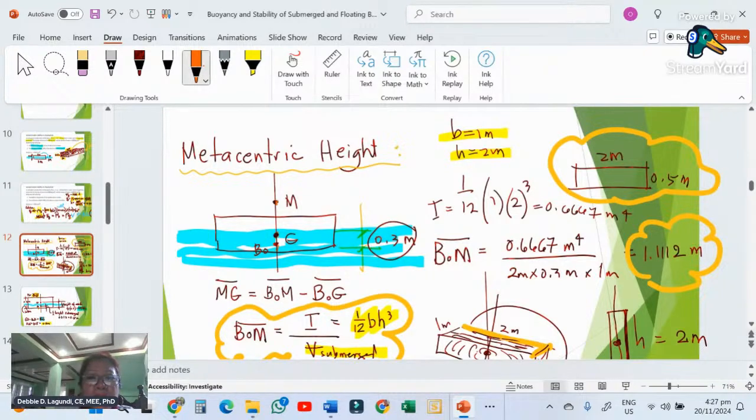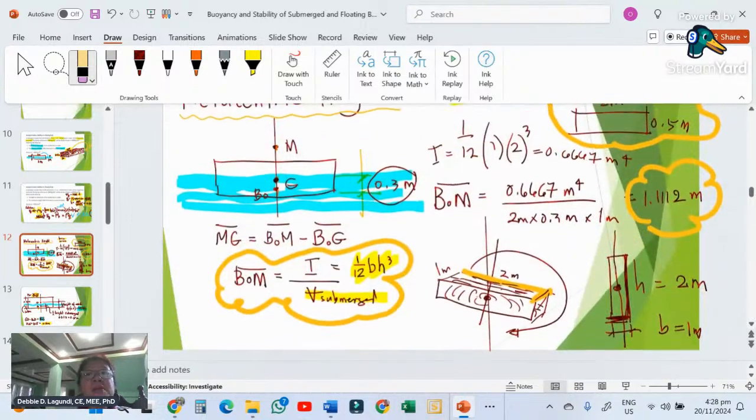Why again? Because the rectangle goes like this. This is the CG that we have been illustrating. This is 1 meter and this is 2 meters in height. If that's the case, we substitute everything: 1/12 base times height cubed gives you 0.667 meter to the fourth. That is the unit of measurement.